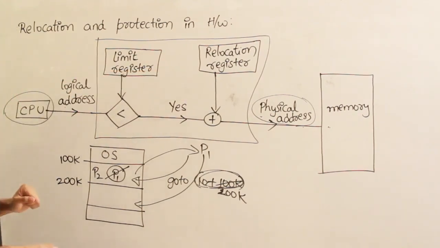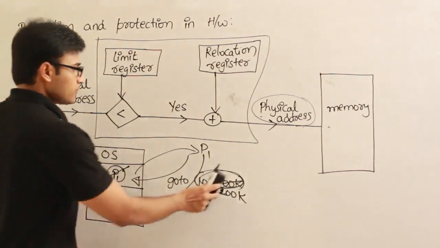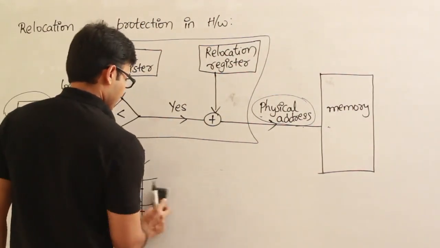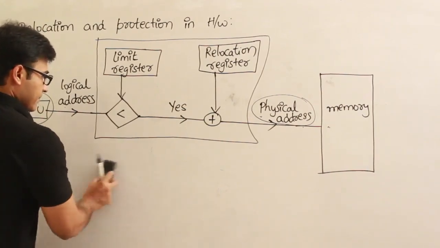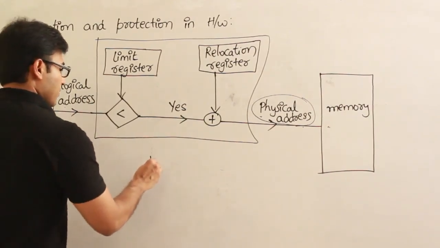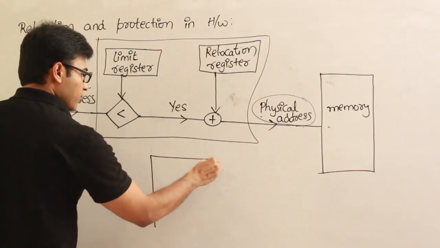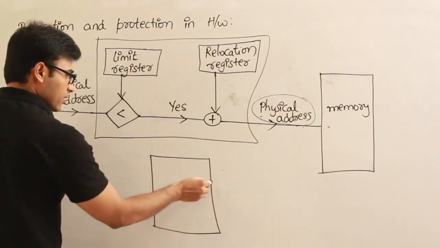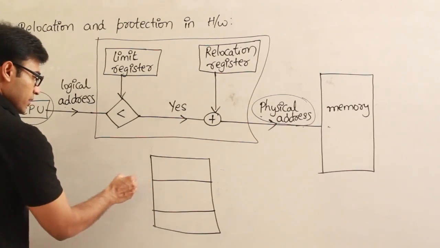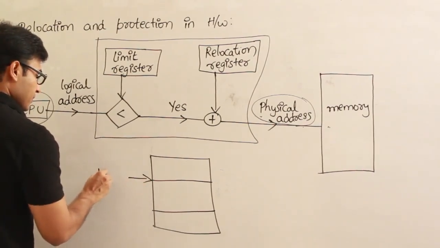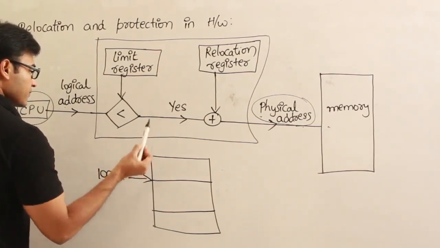So watch it. Now assume that a process is loaded at the starting address 100K, right?